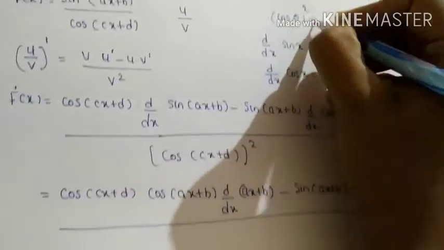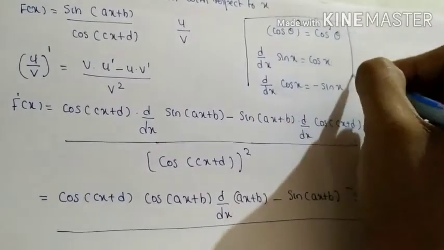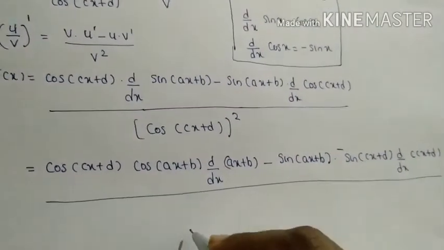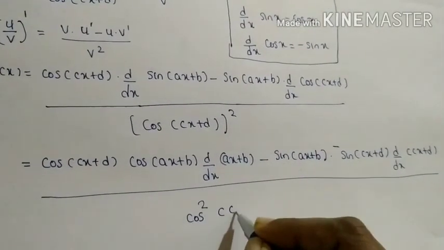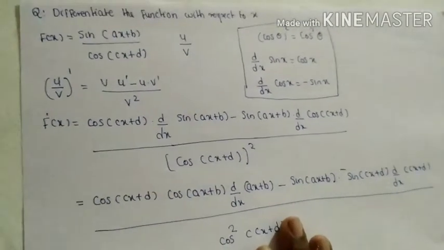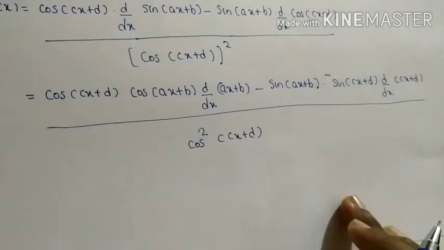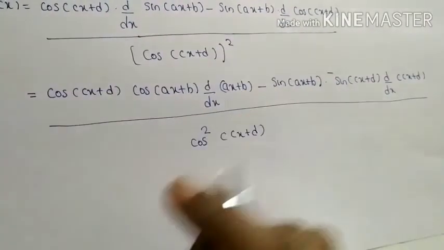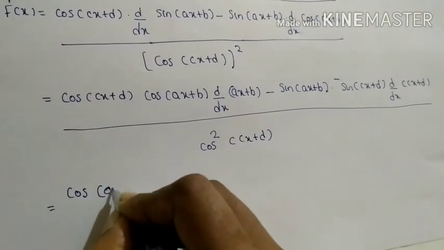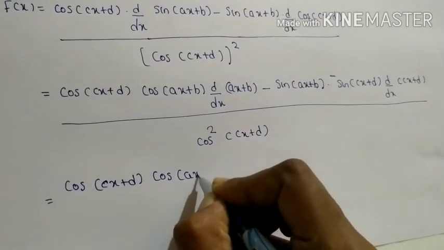We know that cos theta whole square is equal to cos square theta. So in the denominator we get cos square of cx plus d, which will further equal to, write the first term, first two terms will remain the same, that is cos of cx plus d into cos of ax plus b.